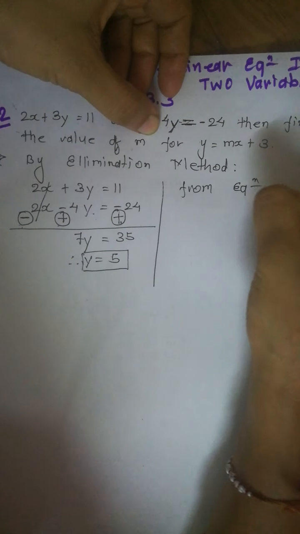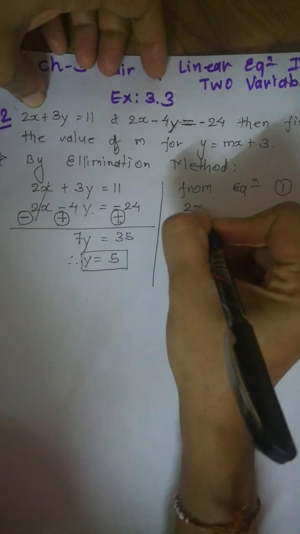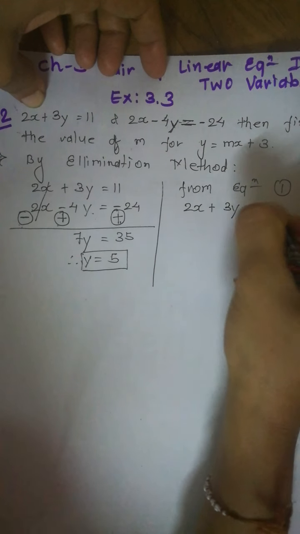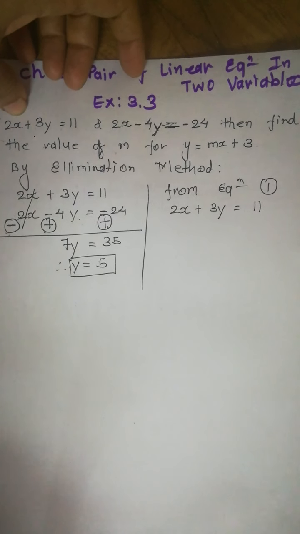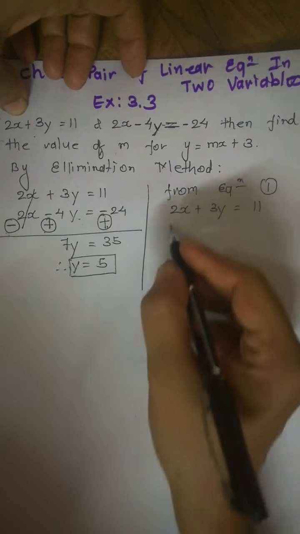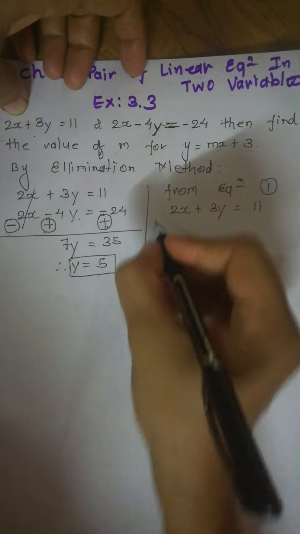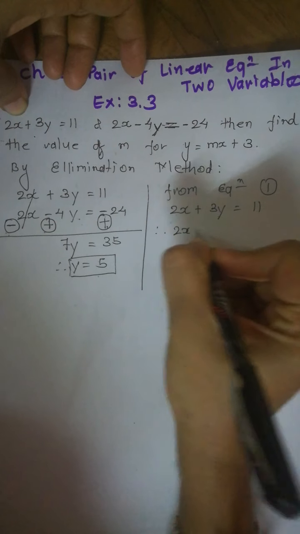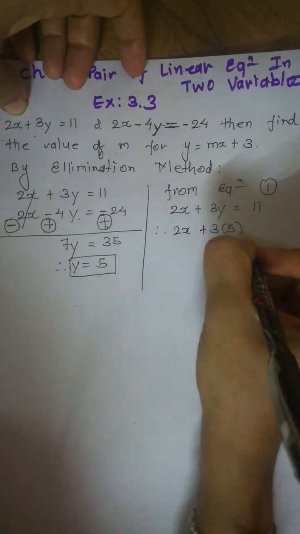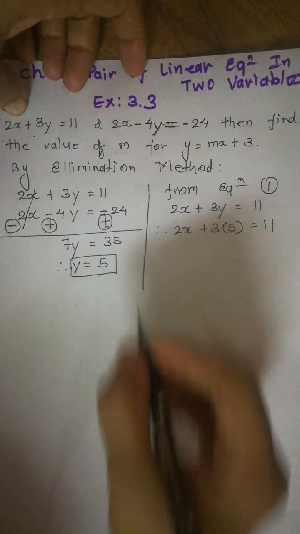From equation 1, 2x plus 3y is equal to 11. Put y is equal to 5. Therefore 2x plus 3 into 5 is equal to 11.